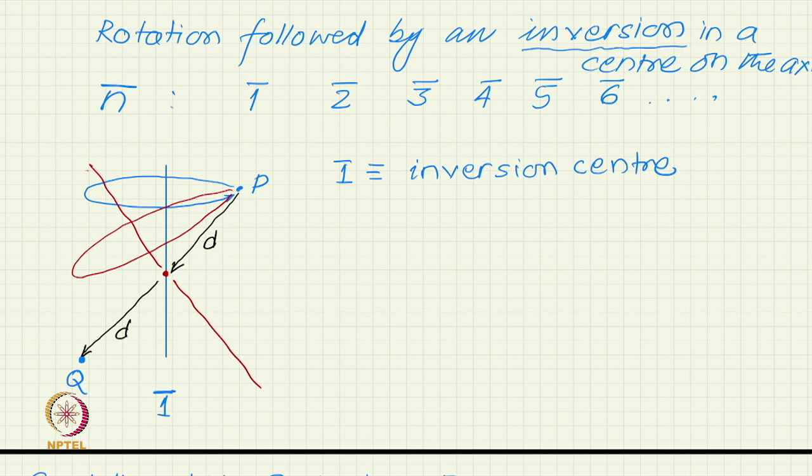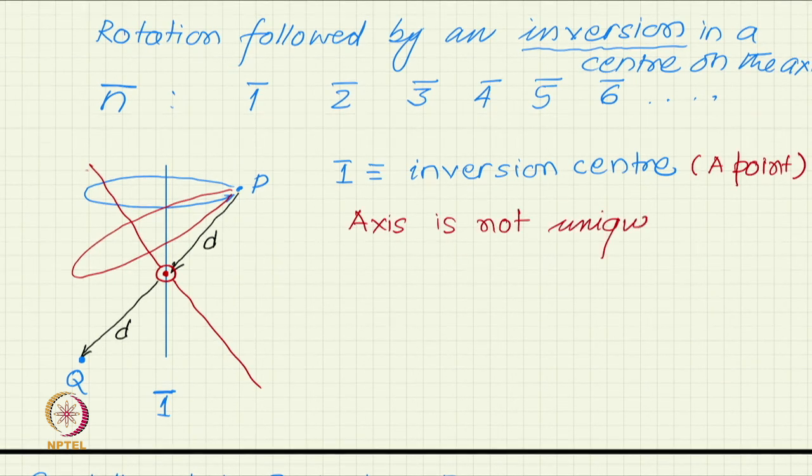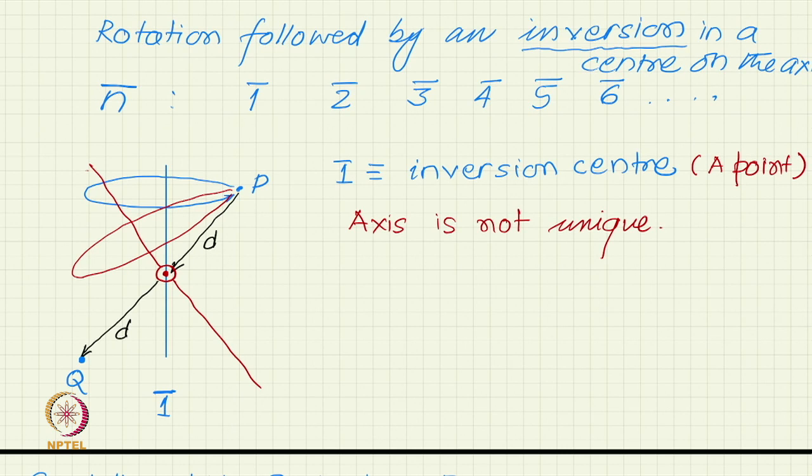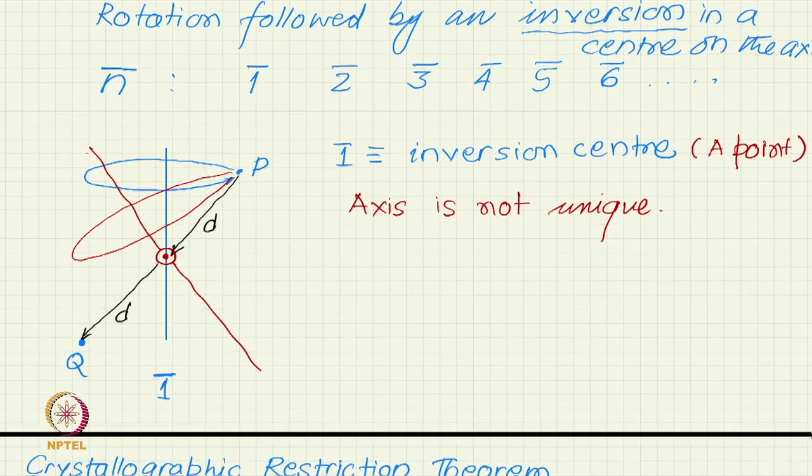So it's not really an axis, it's just a point. So 1 bar axis is really an inversion center, it's just a point. So we will use the designation 1 bar, but we will not draw it as an axis, because drawing an axis is superfluous, and we will always draw it as a point, although we may call it a 1 bar axis.